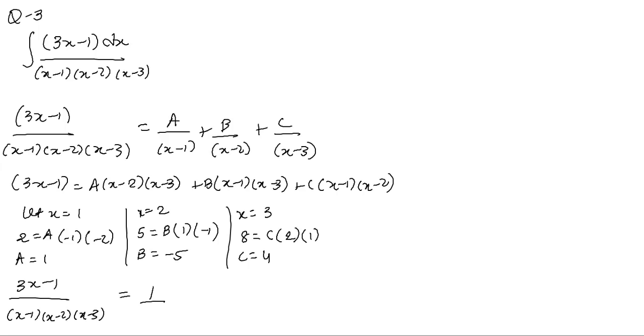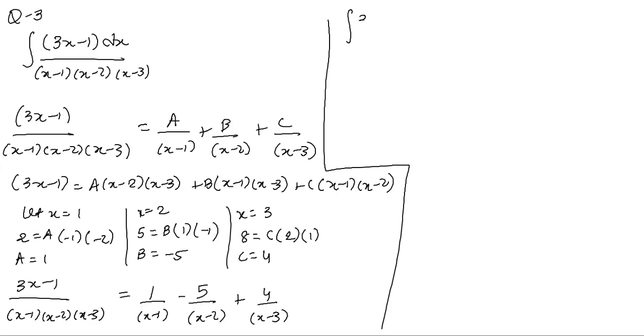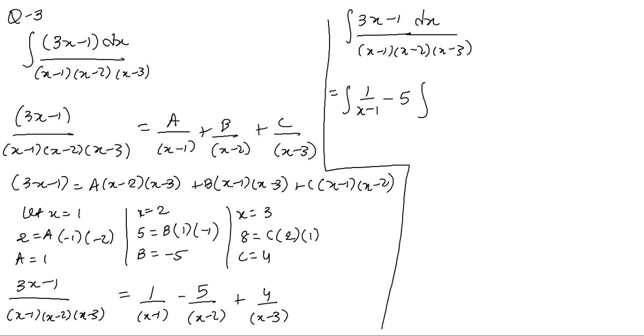So I can write 3x minus 1 upon x minus 1, x minus 2, x minus 3 as 1 upon x minus 1 minus 5 upon x minus 2 plus 4 upon x minus 3. So if I take integration on both sides, integration 3x minus 1 dx upon x minus 1, x minus 2, x minus 3, then this will be integration 1 upon x minus 1 minus 5 integration dx upon x minus 2 plus 4 integration dx upon x minus 3.